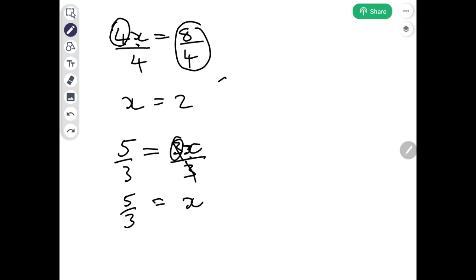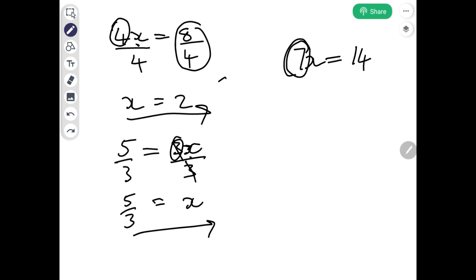You divide by it on both sides. See, so that this becomes a solution and this becomes the solution. So if you had maybe 7x is equal to 14, you'll choose this number that's here to divide by it. So say divide by 7, divide by 7, and then this cancels this. So we're left with x is equal to 2.